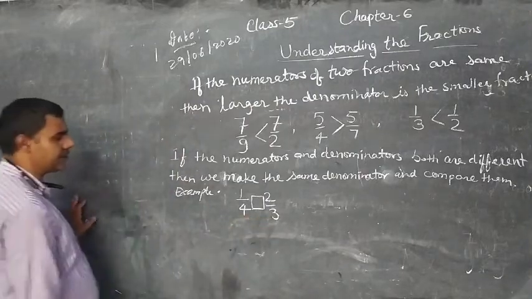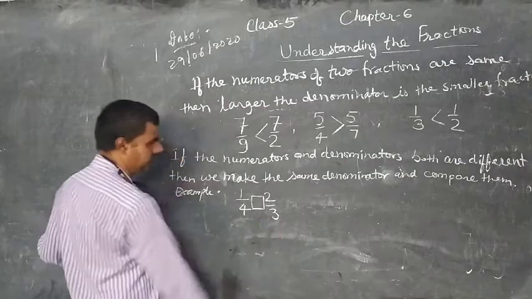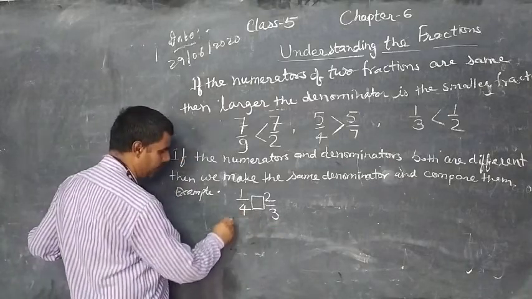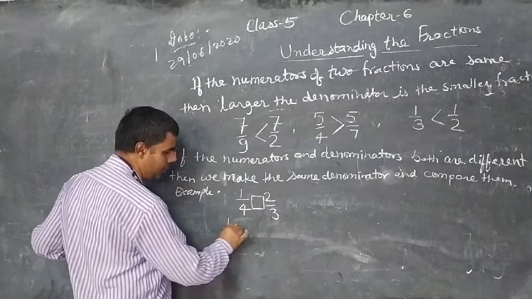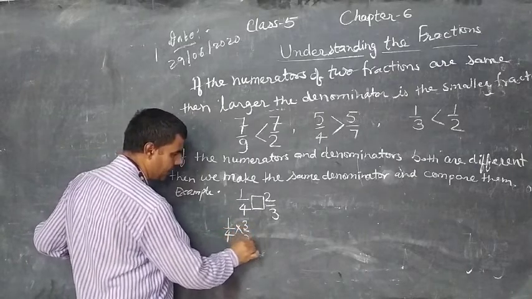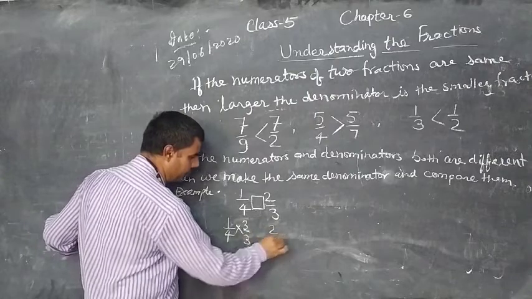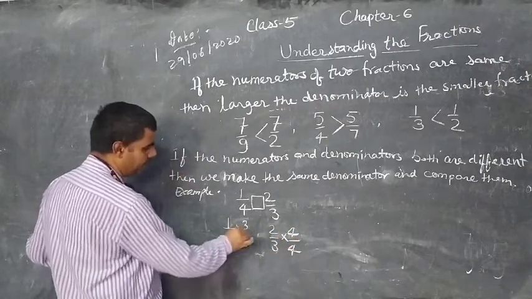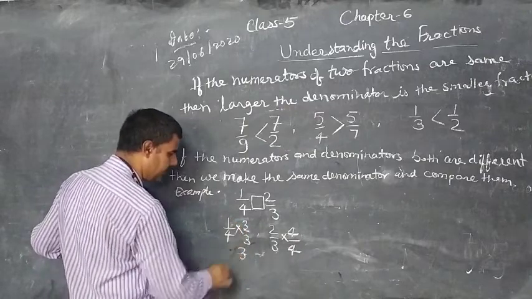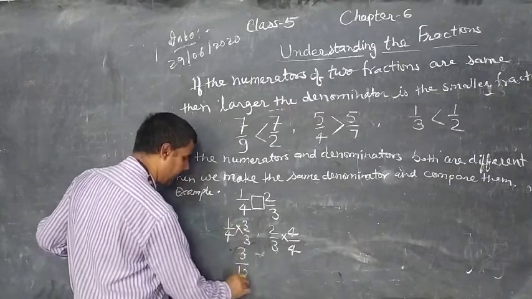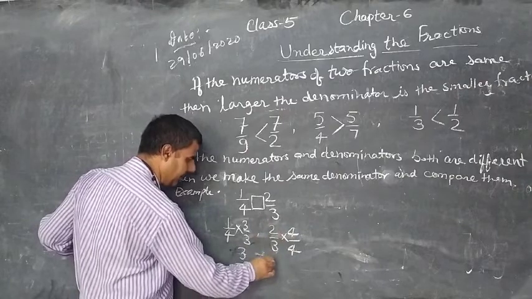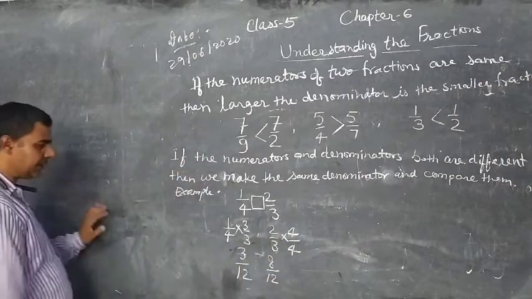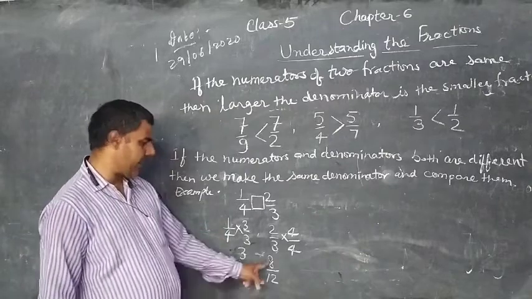We can take LCM of 4 and 3. It is 12. Then we make both 12 by multiplying 4 by 3 and 3 by 4. The new fractions are 3/12 and 8/12.